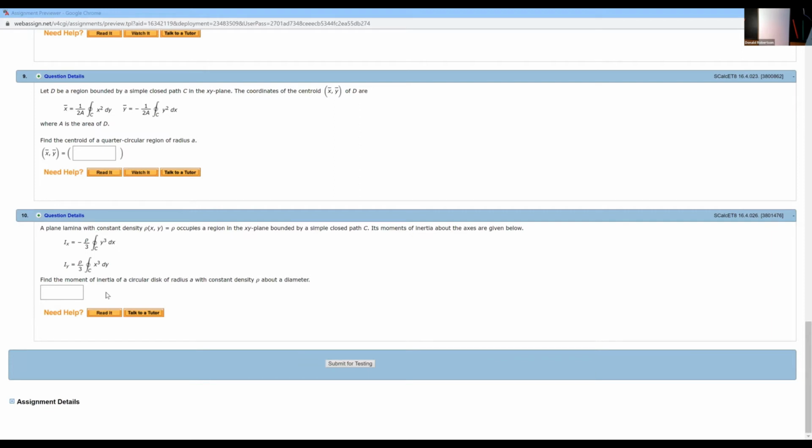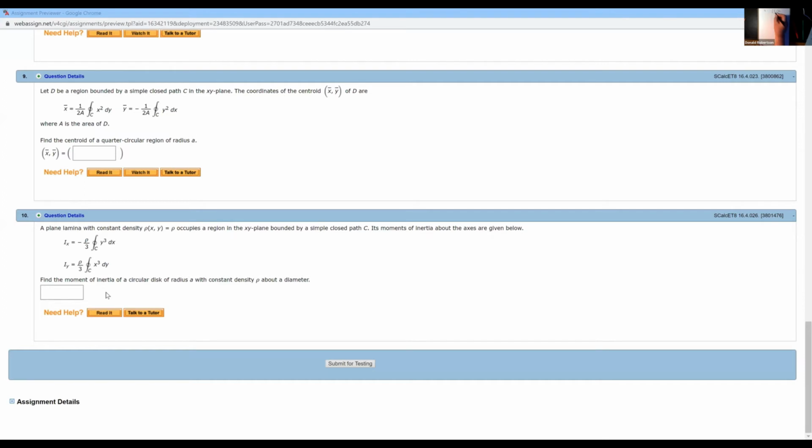I think when you're doing inertia questions, it's better if you just take the formula that they give you and say, okay, this is the inertia for this situation, because it just makes life easy. So I of x, the inertia around x, is negative rho over 3, the line integral over c of y cubed dx, okay?